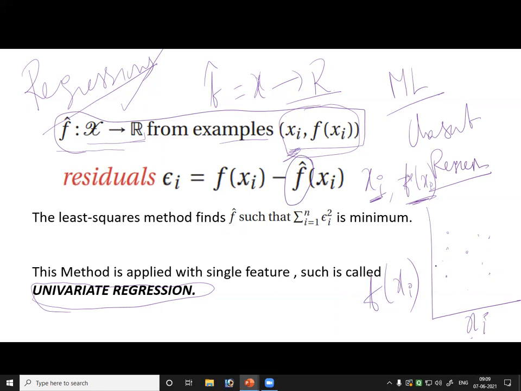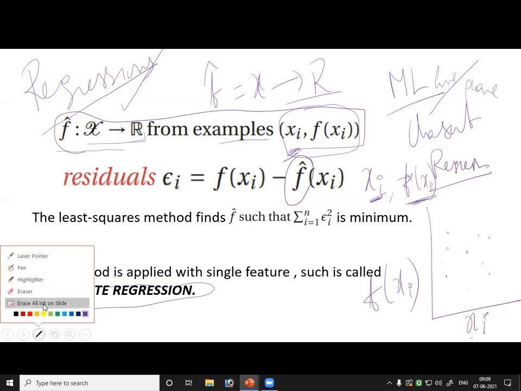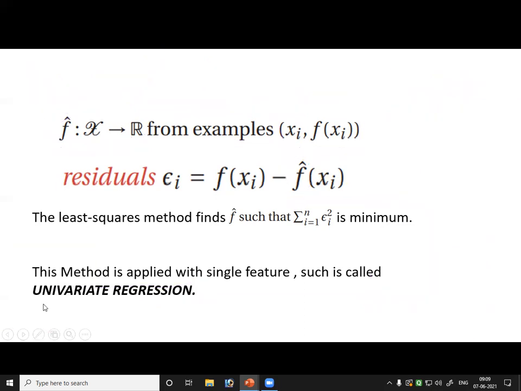Suppose we are talking about linear models, my dear friends. Linear models are only two: a line or a plane. Suppose a graph is plotted between x and f of x, and we get points like this.